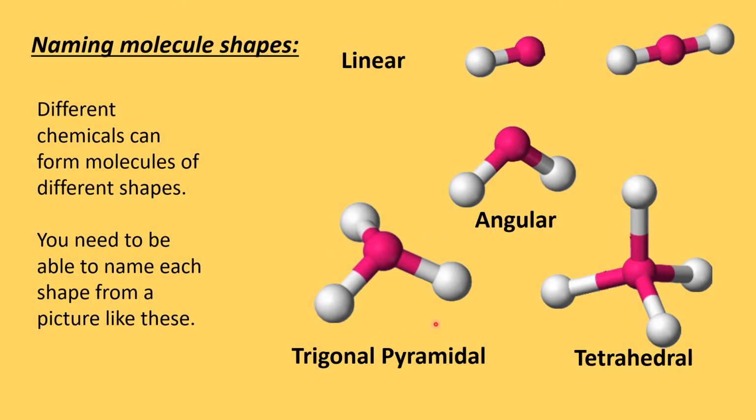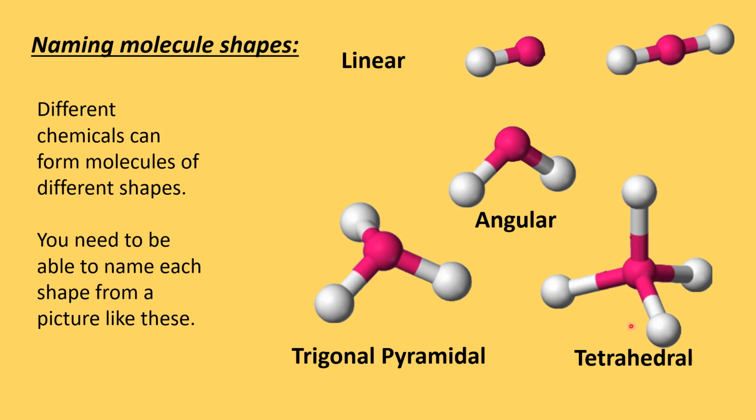The next is pyramidal or trigonal pyramidal, to give it its full name. That's where you have one atom in the middle which is joined to three other atoms, each coming down the way at a slight angle, creating this sort of pyramid shape.